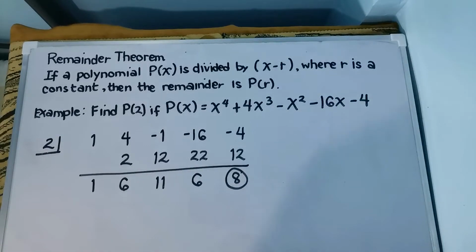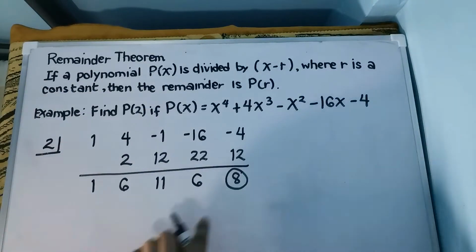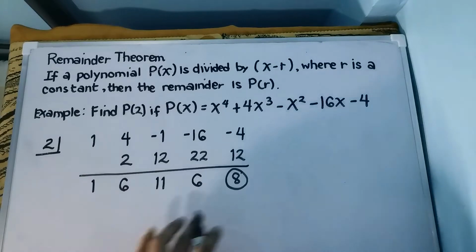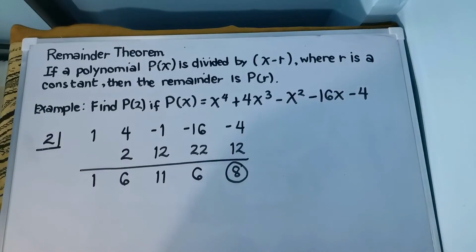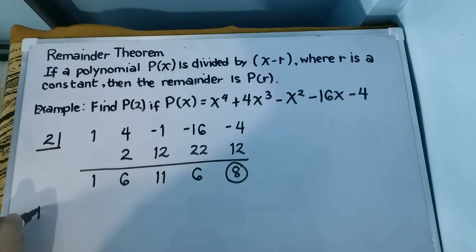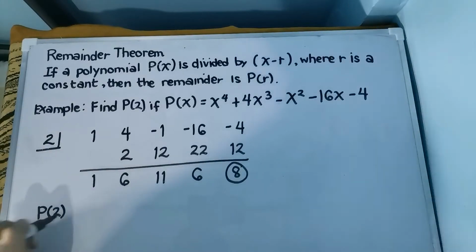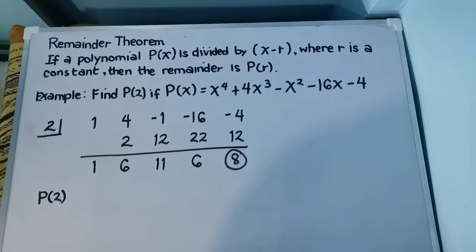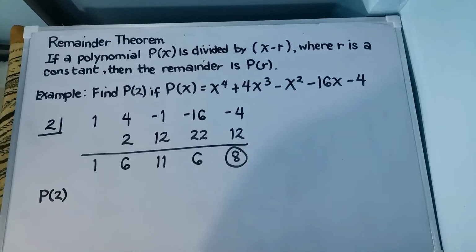So ngayon, gagawin natin yung remainder theorem to find out kung 8 ba yung remainder, because gumamit tayo dito ng synthetic division. So by applying the remainder theorem, we have here p of 2, and then we just substitute all the values doon sa x.